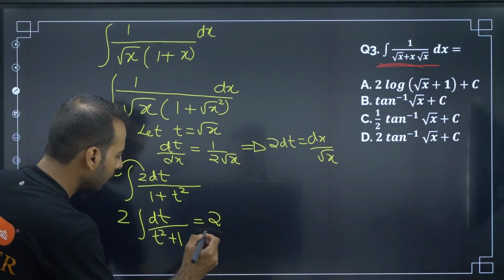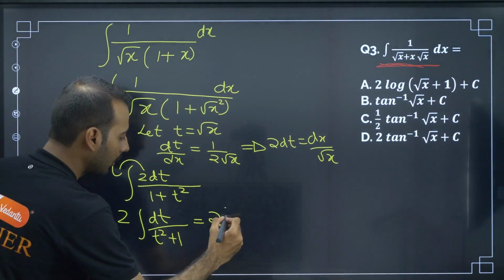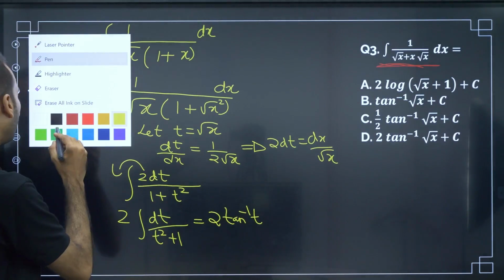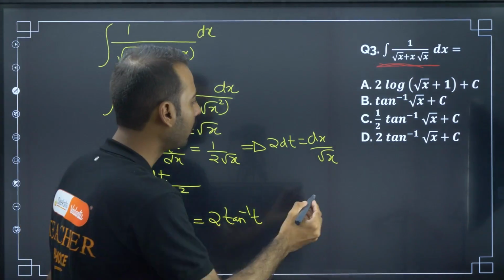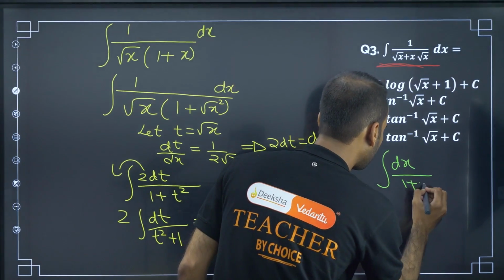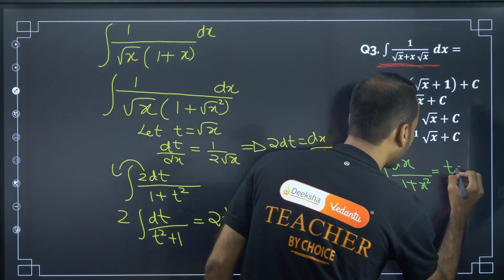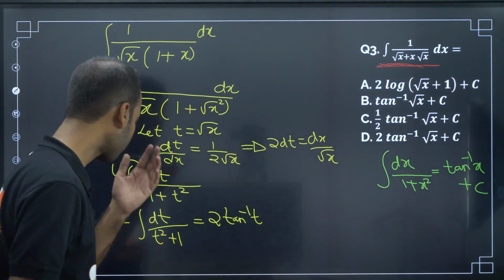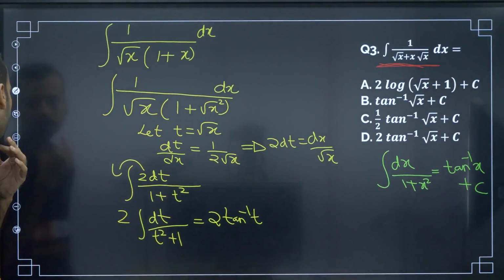Let me write this in synopsis point: integration of dx by 1 plus x square is equal to tan inverse x plus c.